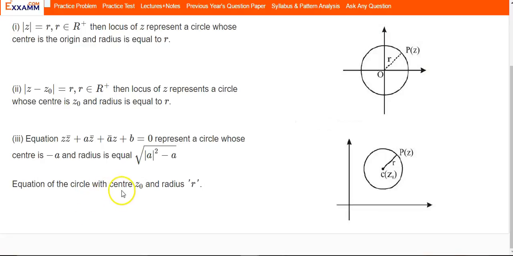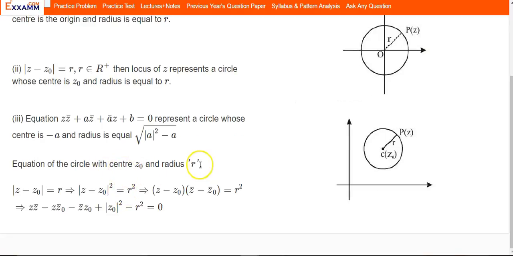Now the equation of the circle with center z0 and radius r is modulus of z minus z0 is equal to r. We can expand it by squaring it and writing the square as the multiplication of this complex number with its conjugate. So we get z minus z0 bracket z bar minus z0 bar, and on expanding it we get z z bar minus z0 bar z minus z0 z bar plus modulus of z0 square minus r square is equal to 0.